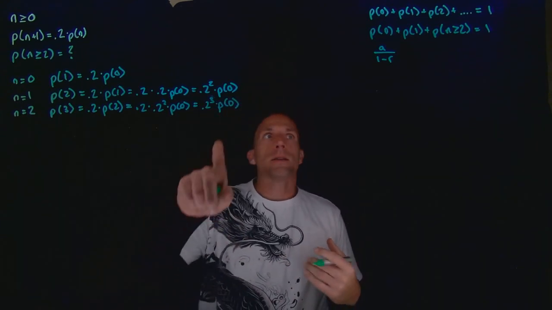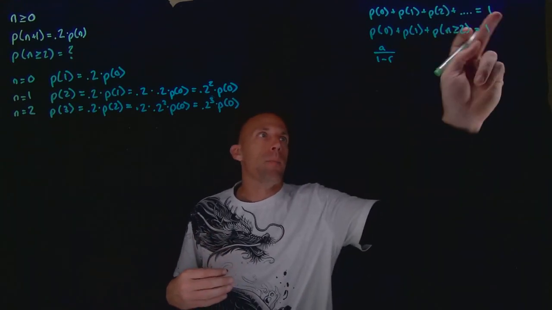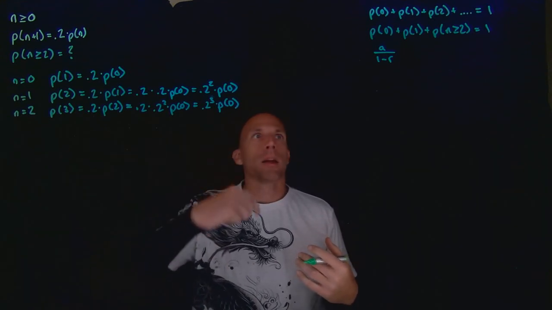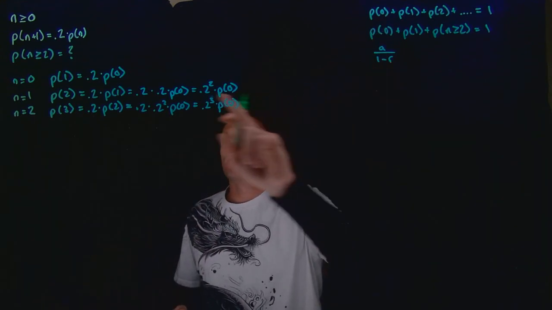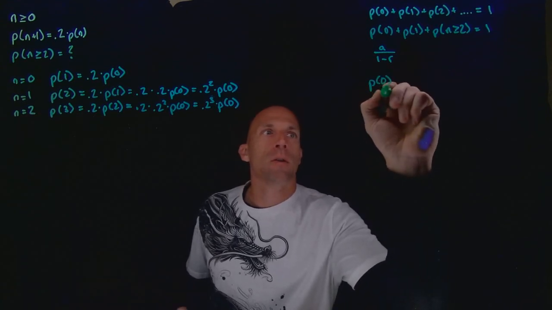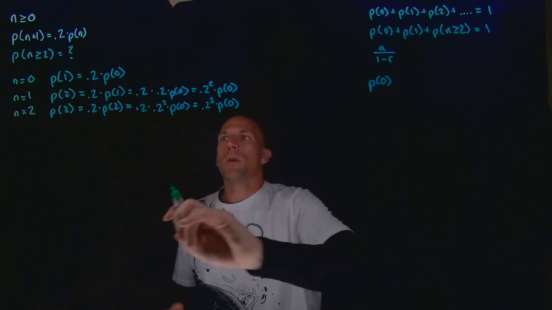So let's go over here and use this first expression of the law of total probability, and just start plugging in what we have. Probability of 0, we don't have a value for, so let's leave that alone. But the probability of 1, we do have a value for.